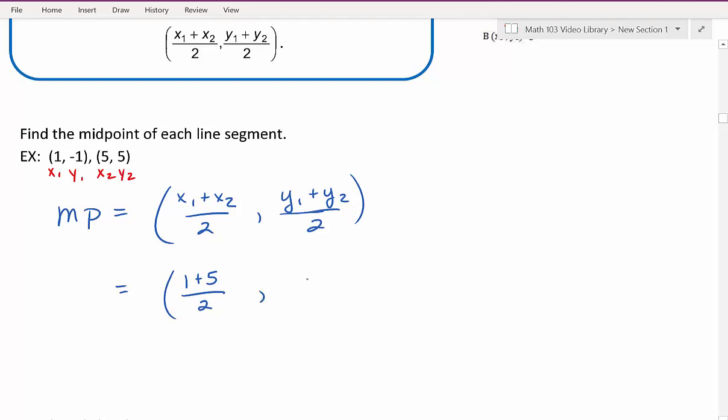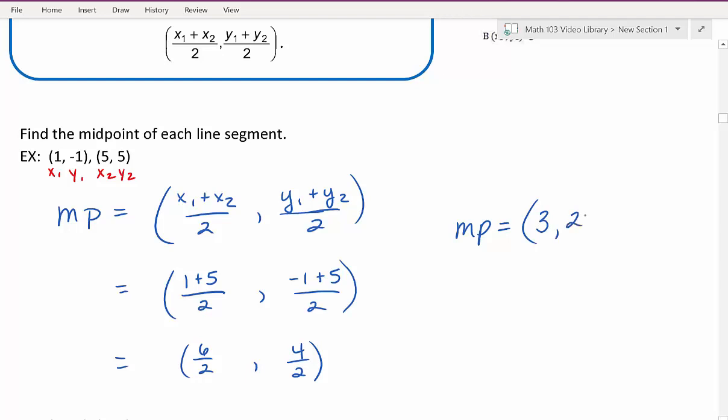And for our y-coordinate, it'll be -1 plus 5 divided by 2. That'll be 6 divided by 2 for our x-coordinate, 4 divided by 2 for our y-coordinate. We get a midpoint of (3, 2). Now remember, this is a point. Make sure you're writing your answer as an ordered pair.